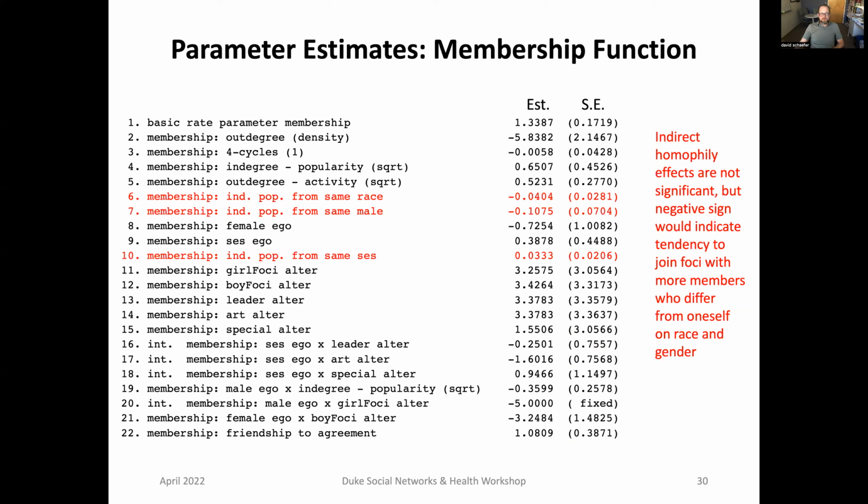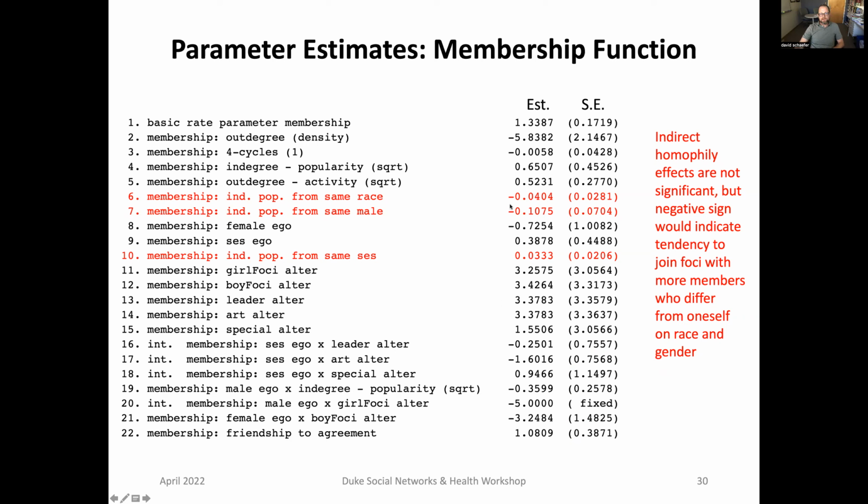Okay. I want to point out here that in this model specification, these are the three indirect homophily effects. Two of them are negative, and the third is positive, but not significant. The negative effects actually indicate that people are joining activities with members who are dissimilar on that attribute.